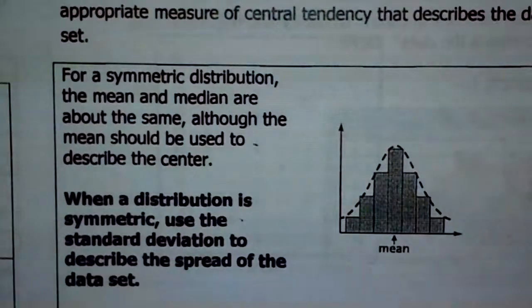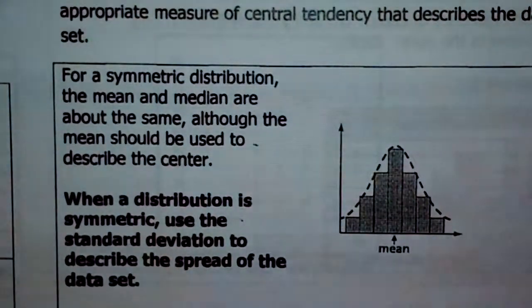So you have to determine, how should I measure what the average is? Should I use the mean? Should I use the median? Which one's best? And same thing with range. If we have outliers and we're just taking high minus low to find the range, that's not going to give us a really good idea of what the range actually is. So it would be better to use standard deviation.